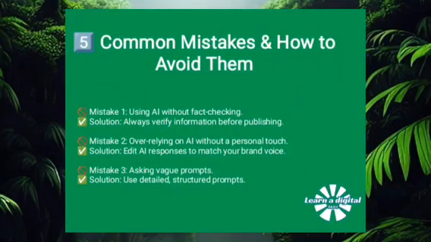Common mistakes and how to avoid them when using ChatGPT. Number one mistake: using AI without fact checking. If you're using AI without really checking whether the information is true or false, then you are making a great mistake. How to avoid that is you always verify information before you publish it.